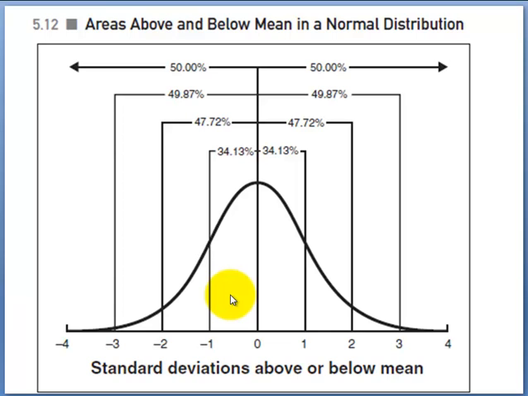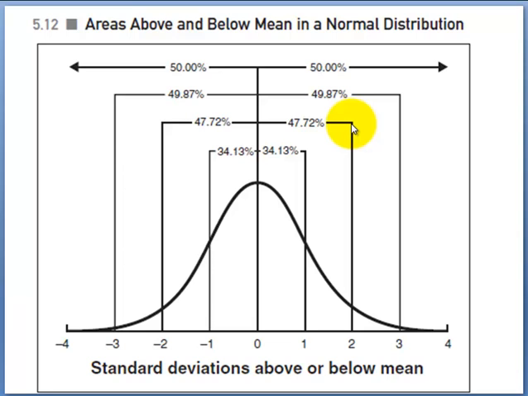Let's think about cases within two standard deviations of the mean. Recall that about 95% of cases are within two standard deviations of the mean. What percentage of cases are between the mean and two standard deviations above the mean?